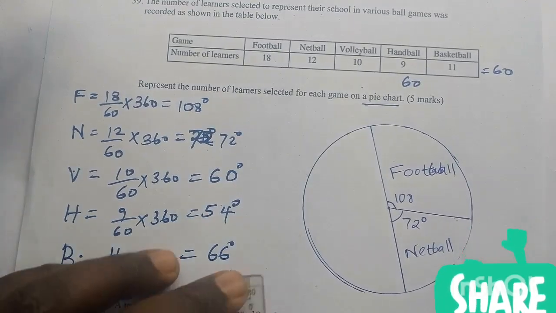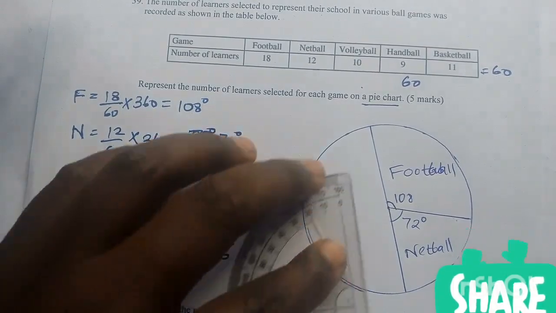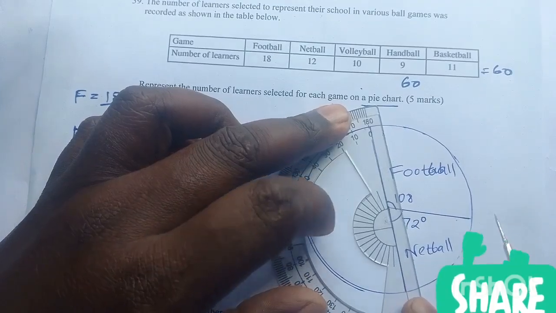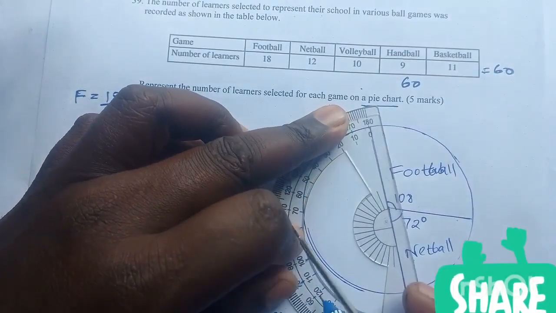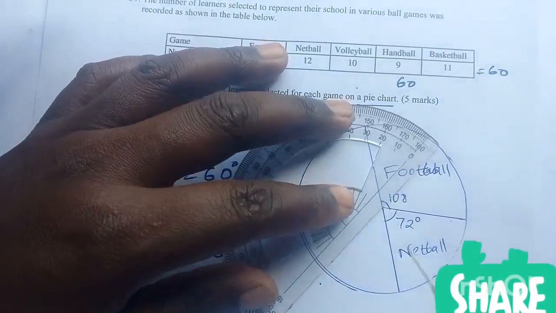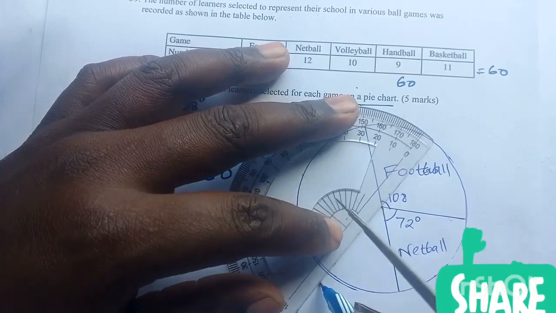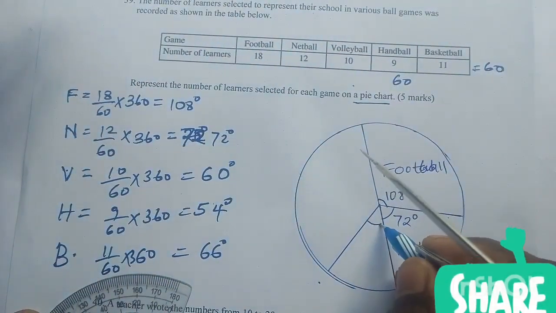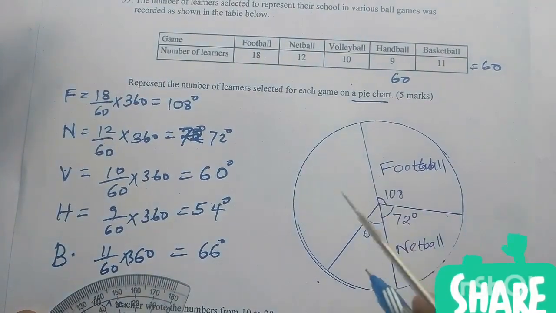From here, I will measure 60. Stand here. Come up to 60. 60 is here. This is 60, and that is volleyball.